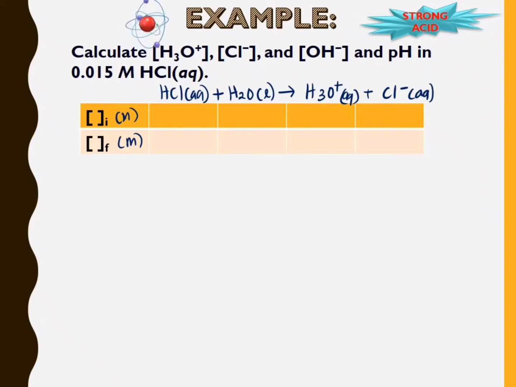Okay, nampak? So ion semua aqueous sebab dia dalam solution. H2O je liquid. Okay, yang lain semua aqueous. Okay, look at the info we have. Kita ada 0.015 molar HCl. So ini adalah initial concentration. Okay, so initial concentration for HCl yang diberi adalah 0.015.